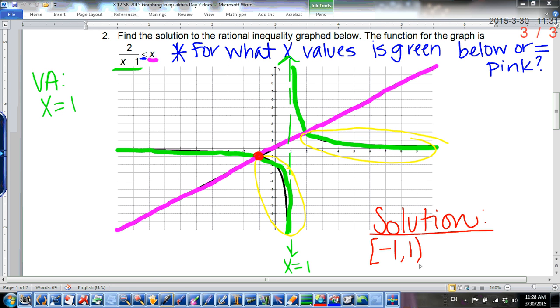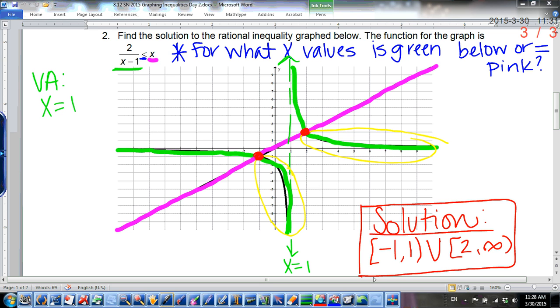Okay, you'll never, ever, ever cross a vertical asymptote. Union. 2 with a bracket to infinity. Questions?